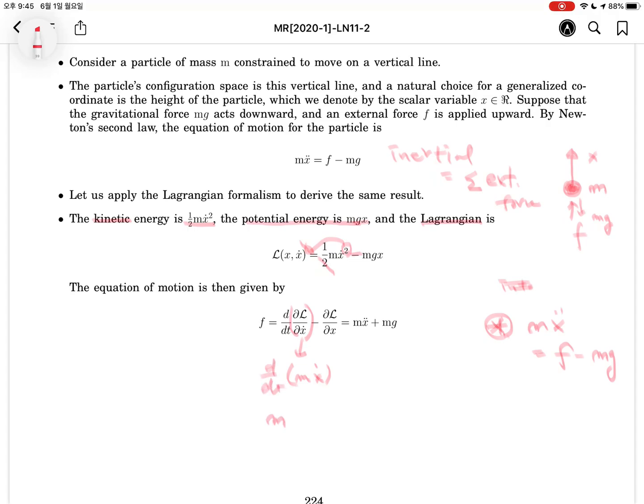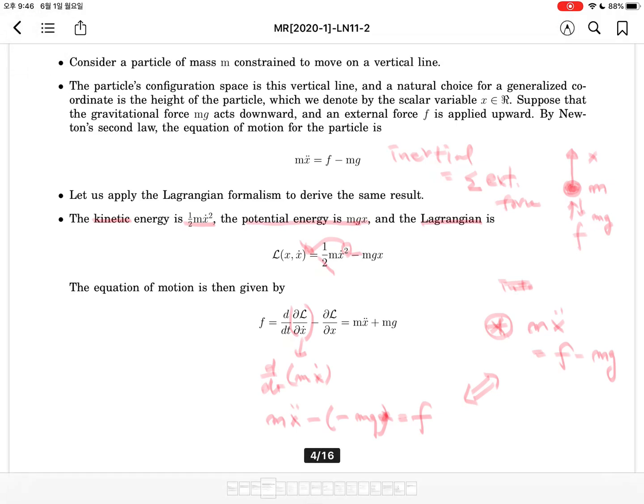Since m is constant, m x double dot appears, and then minus ∂L/∂x, so the minus mg appears. It corresponds to the generalized force. So we have the same equation. The result should be equal to each other whichever method you apply.